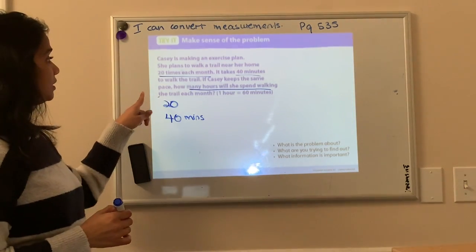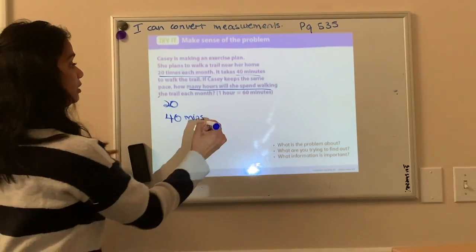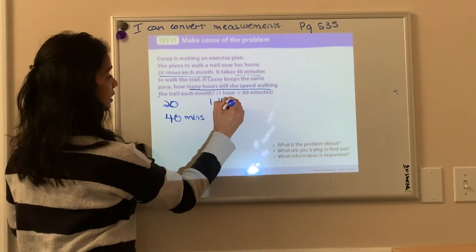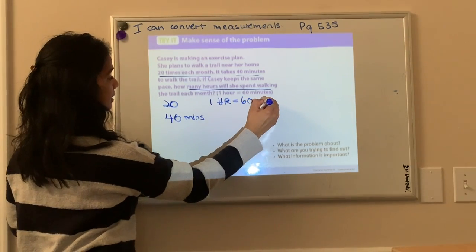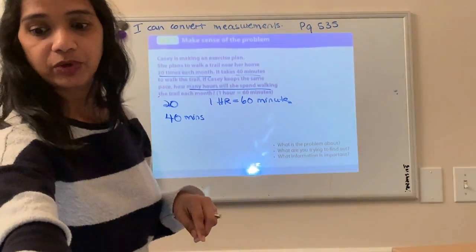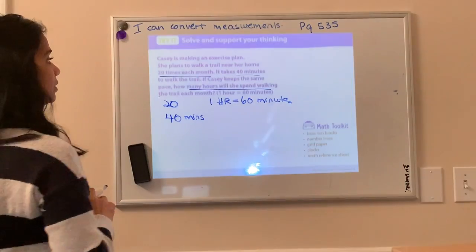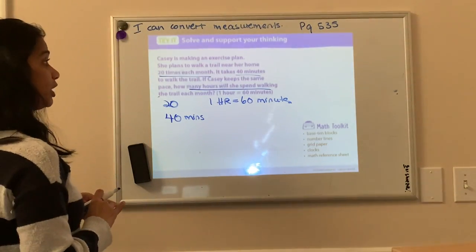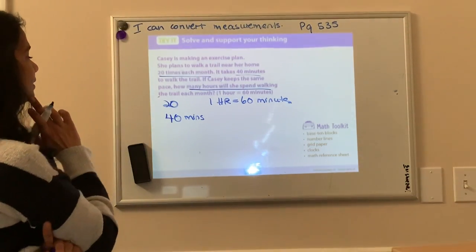And she wants to walk the same pace. And we need to know 1 hour is equal to 60 minutes. Yep. All right. So I want you guys to try and solve that problem, and I'm going to try to solve that problem myself. So let's see.